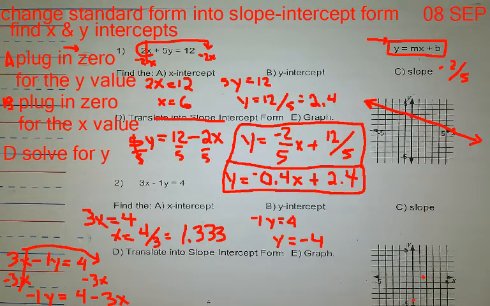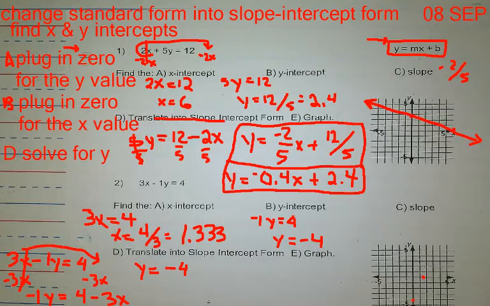Well, that's great. That's -y, but I don't want to know what -y is. I want to know what y equals. So in order to get it, I have to multiply everything by -1. Multiply negative times negative, I would get y. Multiply 4 times -1, that would be -4.